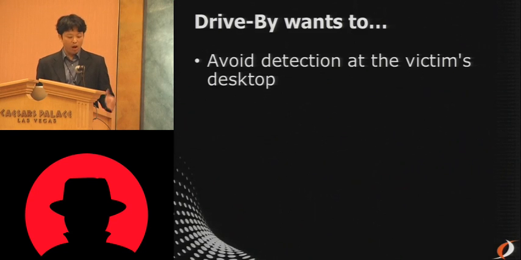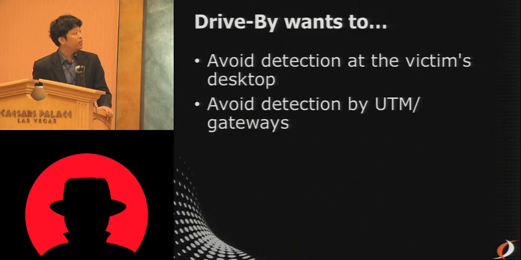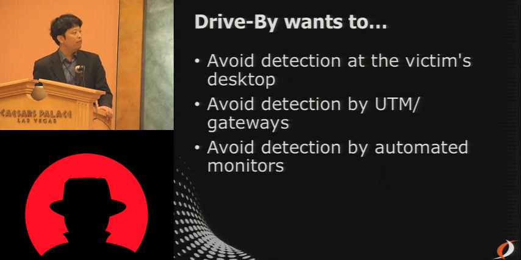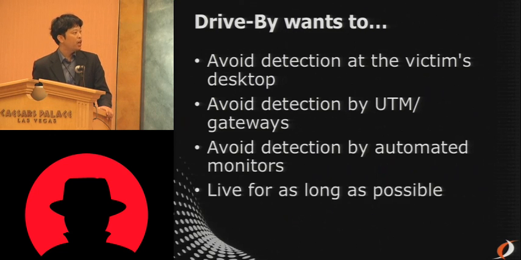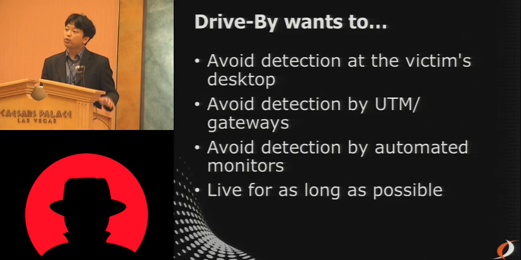So drive-bys want to avoid detection at the victim's desktop, avoid detection by UTM and gateways, avoid detection by automated monitors, and live for as long as possible. This is a very important requirement because when you're using 0 days in targeted attacks, maybe you're just targeting 10 people, you don't want any security vendor to know this 0 day until a year later.